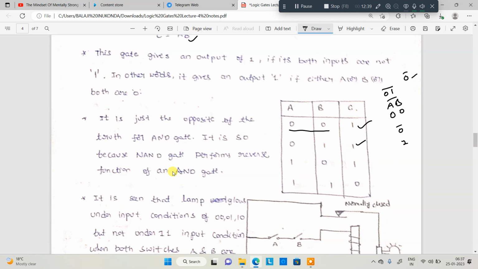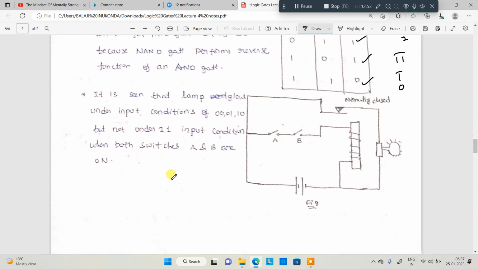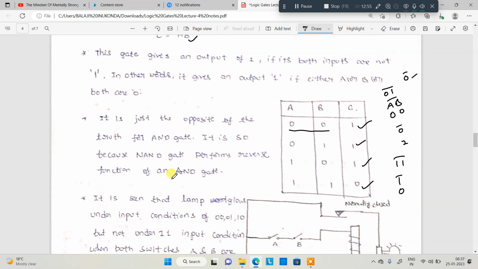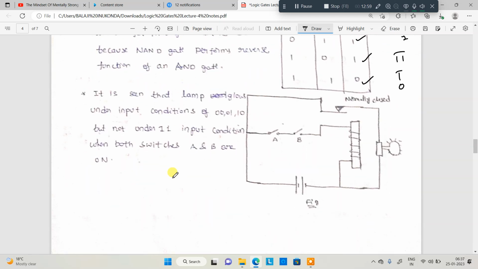That means if any input is 1, the output will be 1. Next, when both inputs are 1, 1 into 1 whole bar is 1 bar, which is 0. So for the NAND gate, when both inputs are 1, the output will be 0. In all other cases, the output will be 1. That is the truth table for the NAND gate.